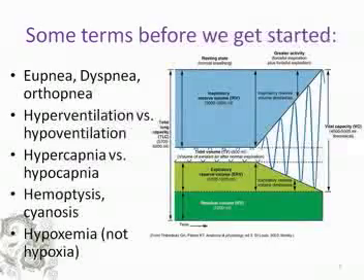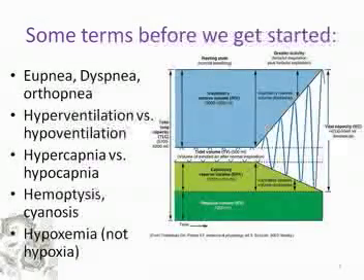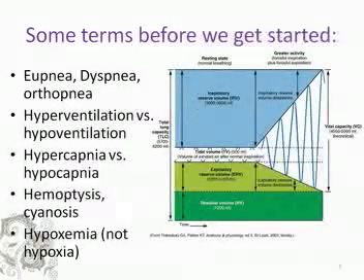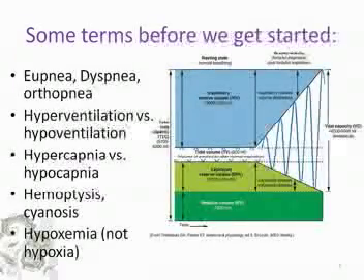Orthopnea, shortness of breath that occurs when a patient's in a horizontal position or laying down. Hyperventilation versus hypoventilation. Hyperventilation exceeds metabolic demands, and hypo is where it's below metabolic demands. Likewise, hypercapnia versus hypocapnia in reference to CO2 levels in the blood. So hyper being high CO2 in the blood and hypocapnia being low CO2 in the blood.